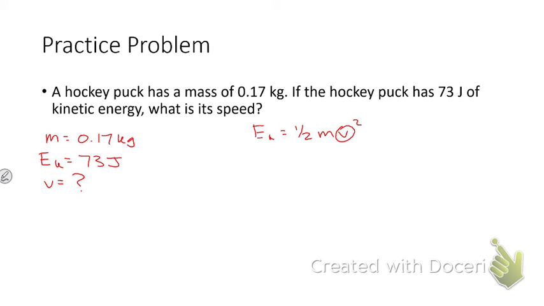The first thing you will do for this formula when we're trying to simplify for either mass or velocity is multiply by 2. Well, you can divide by 1 over 2, but you have to be really careful, because you're dividing a fraction.